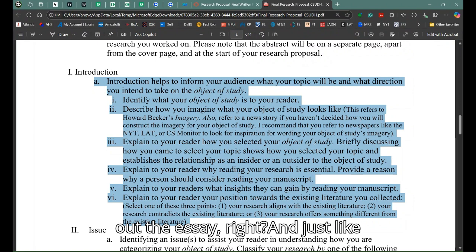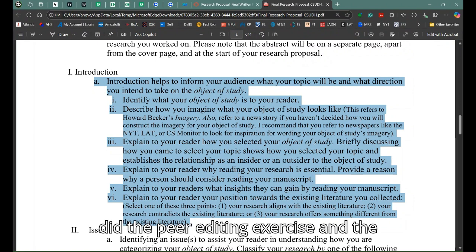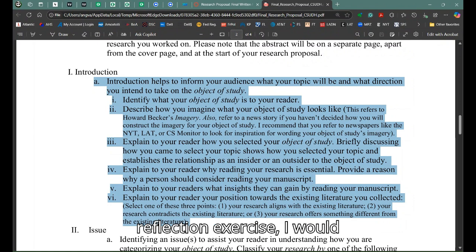All right. And just like what you did for me when you did the peer editing exercise and the reflection exercise, I would recommend that you do the introduction last and do everything else on the essay, like the issues, the purpose, the lit review, the significance, and the outcome.